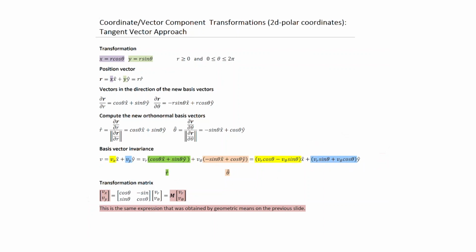All right, and so we have now an expression for Vx, and we have an expression for Vy. We can put that in matrix form, and if you do that, you'll end up with this expression, which is essentially the same as what we did on the previous slide. Okay, so more or less this is the approach we would normally take.